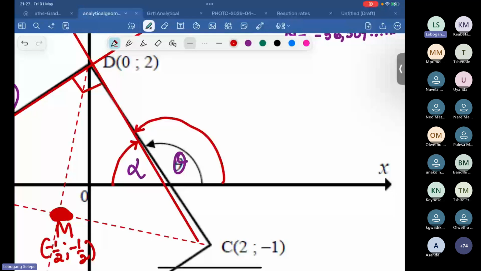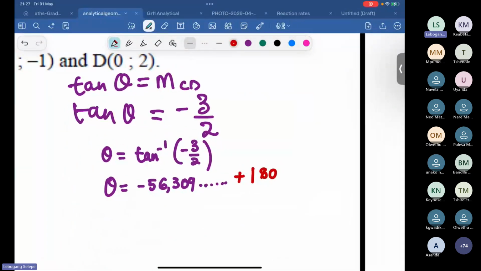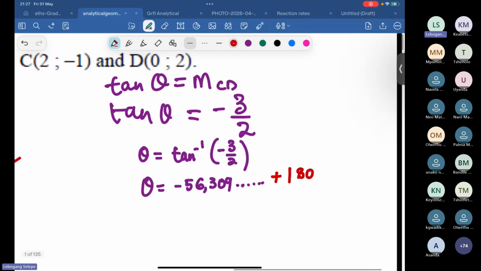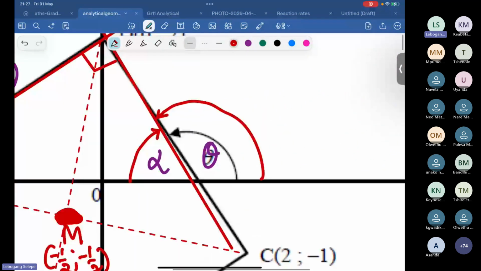So just keep in mind that when you do this calculation, you must always get a positive angle at the end of the day. If you get a negative angle, you must add 180 to make it positive. But also keep in mind that when you're looking at the line segment, theta is a positive angle, but the negative angle is alpha, which is right next to theta, made by the same line segment.